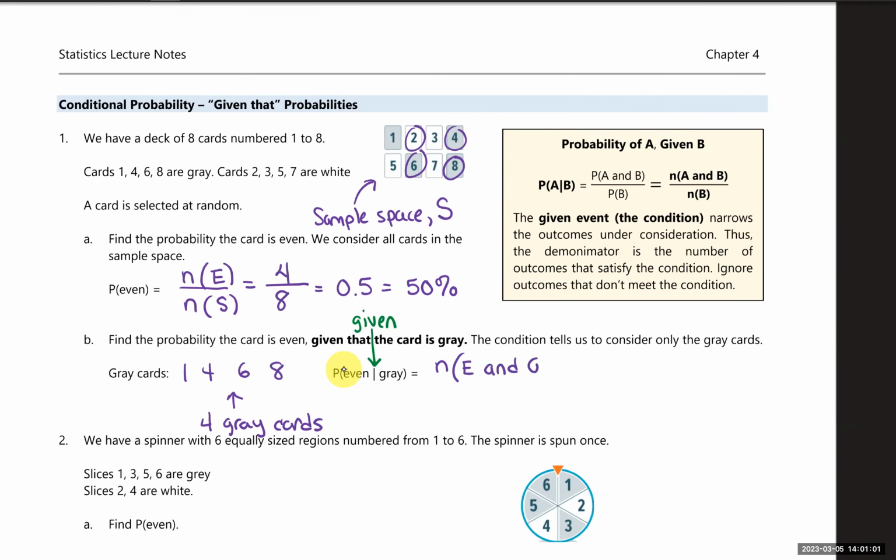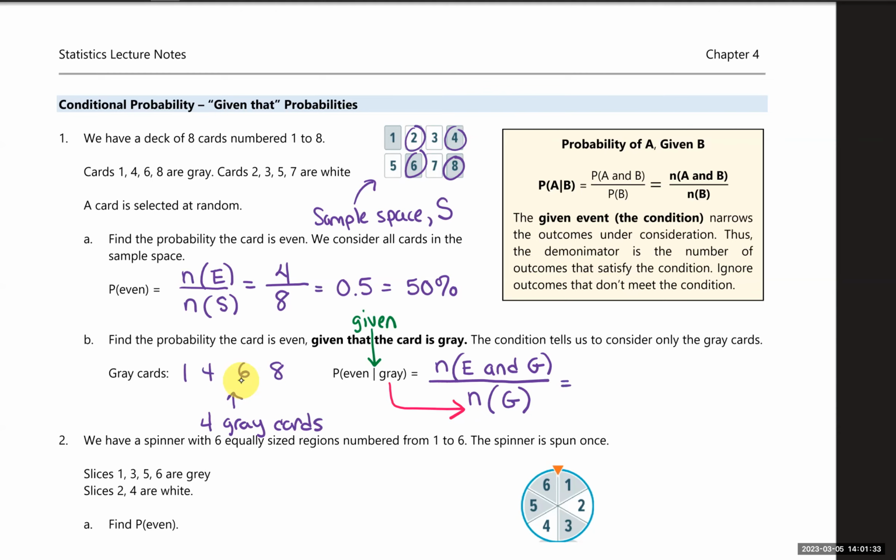So the numerator is the intersection of those 2, cards that are both meeting the criteria of being even and gray. And then what we divide by is the number of cards that satisfy the condition. And the condition is the card has to be gray. So whatever is after the vertical bar tells you the cards that you're going to restrict yourself to. In this case, I'm only allowed to look at the gray cards.